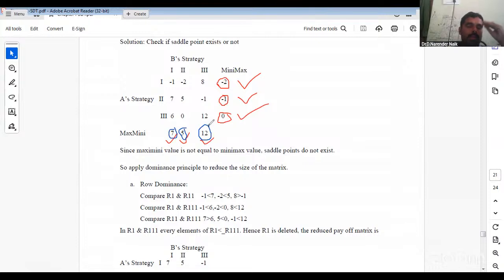So there is no saddle point, since the maximin value is not equal to the minimax value.